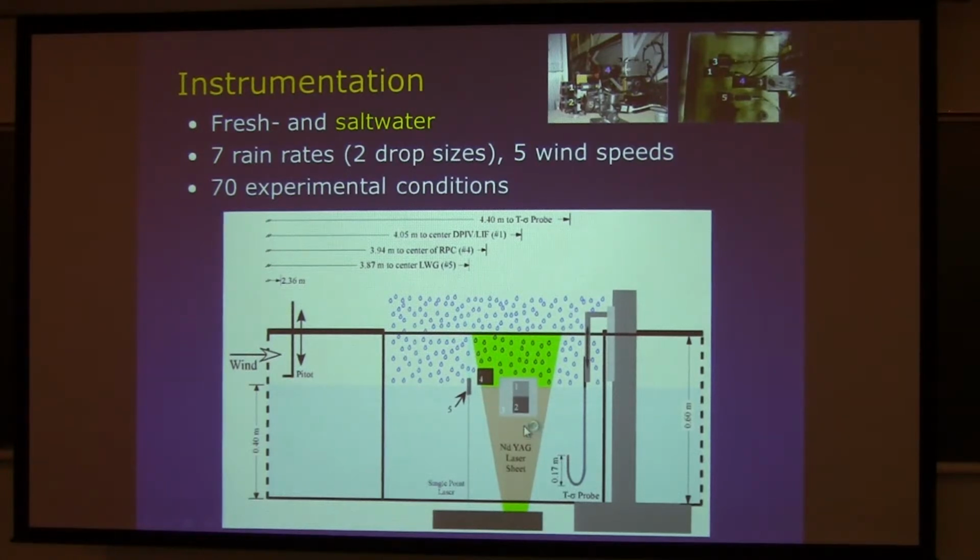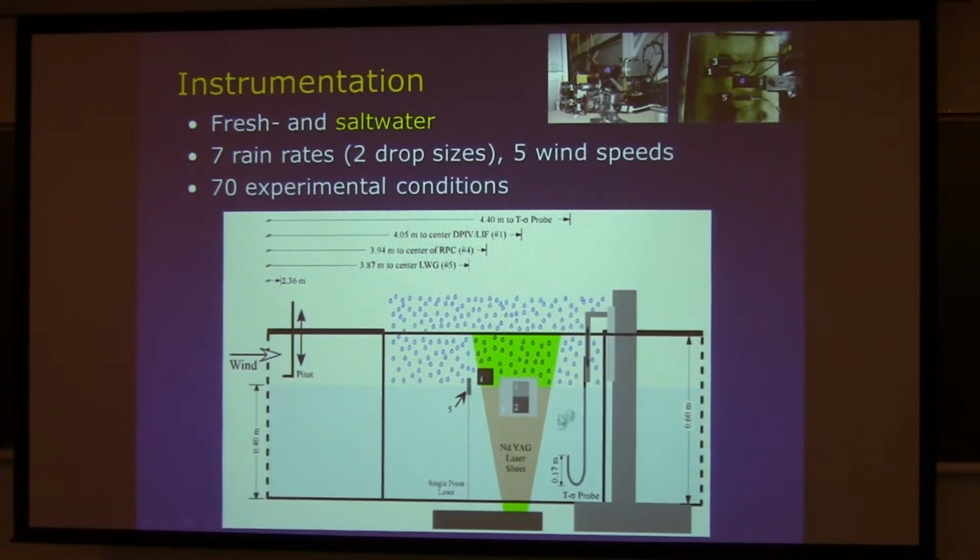And for this set of experiments, we used an optical wave gauge described previously. And to make the turbulence measurements, we used a modified version of particle image velocimetry, which I will get into in greater detail. For particle image velocimetry and LIF, we had 3 overlapping fields of view directly beneath the rain, marked 1, 2, and 3 right here.